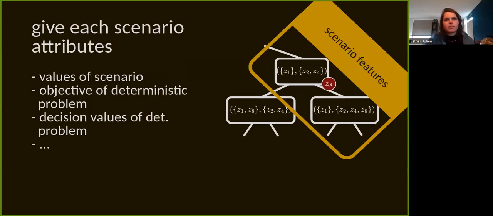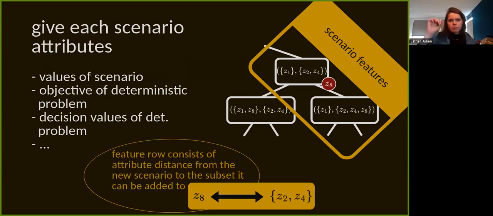And then also we have the scenario attributes, so the scenario features. So per scenario, we give it some kind of information. So for example, the value of the scenario itself, but also what the X and the Y and the objective would have been if we only considered this scenario. And we think that it could be a good measure for the differences between these attributes.